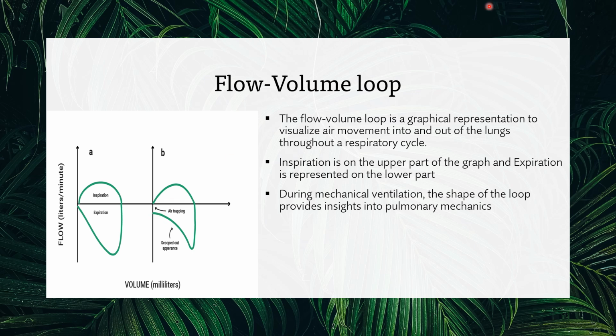Additionally, the graph can indicate air trapping, a condition where air remains in the lungs due to incomplete exhalation. Here you can see this expiratory limb has not returned to the baseline at the zero point. This phenomenon is identified when the expiratory limb fails to return to the baseline, suggesting residual volume in the lungs post exhalation.